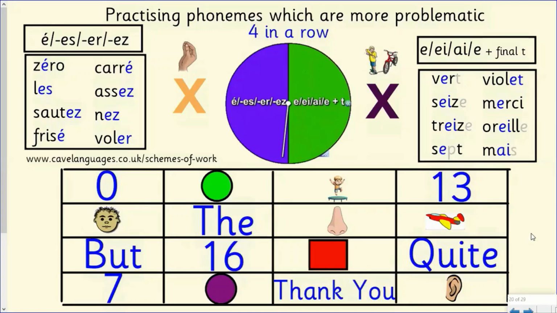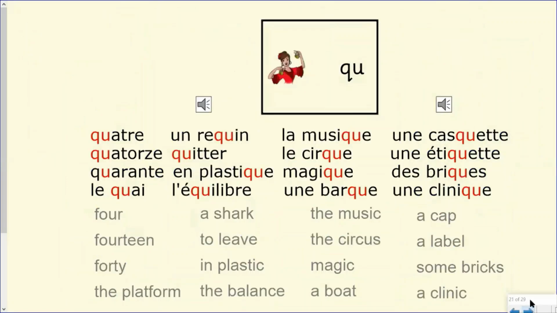For example, friser has got that sound within it, so they would get a cross over that one if it was correct, and then it would be the black team, and they're trying to get 4 adjacent rectangles with words within them, either horizontally, vertically, or diagonally. But activities like that to practice particularly more troublesome phonemes is an excellent way of going about it.